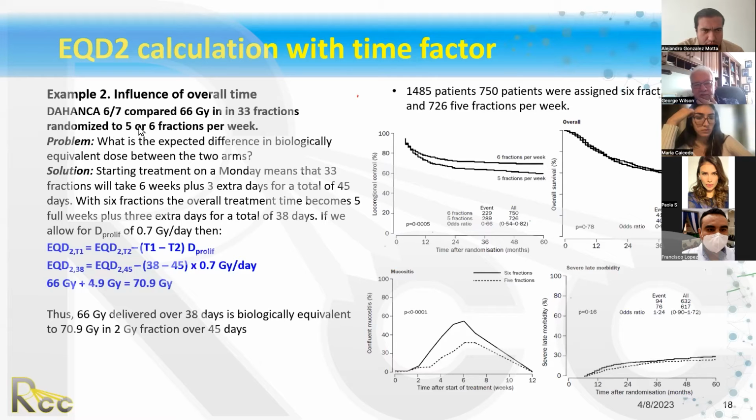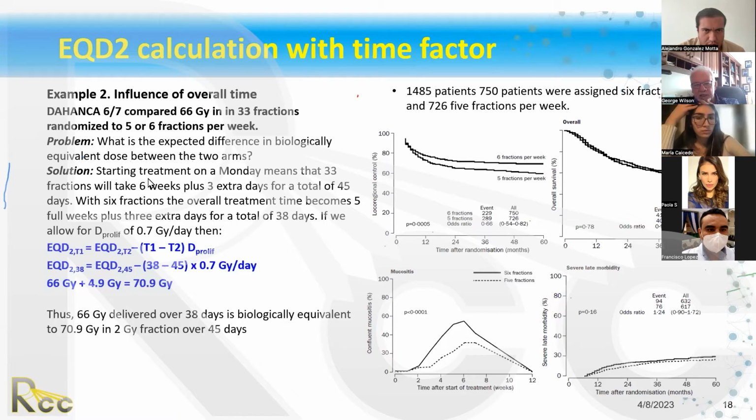They did 5 or 6 fractions per week, and the 6 fractions per week involved treating on a Saturday. What that actually meant was that they were accelerating the treatment. So then you can calculate what is the expected difference in the biologically equivalent dose between the 2 arms.